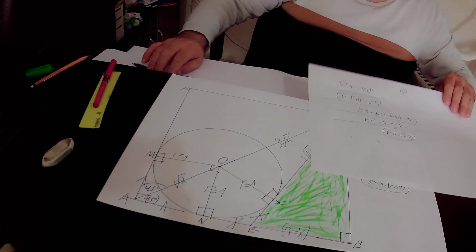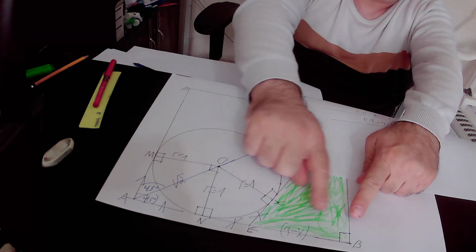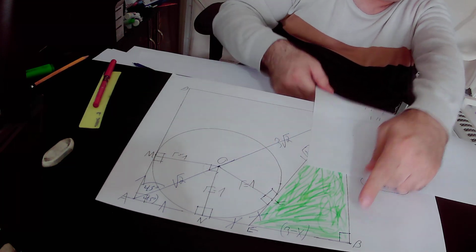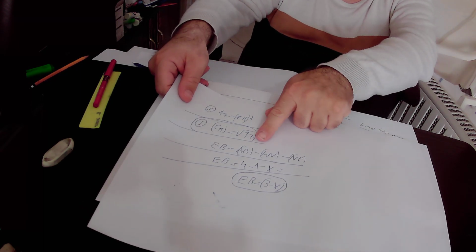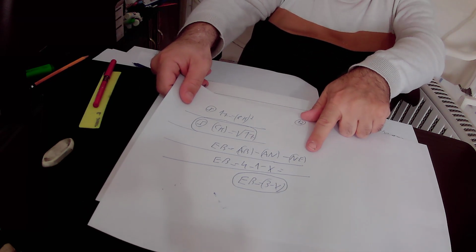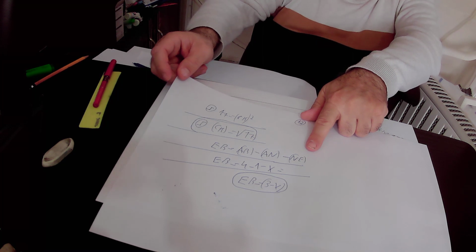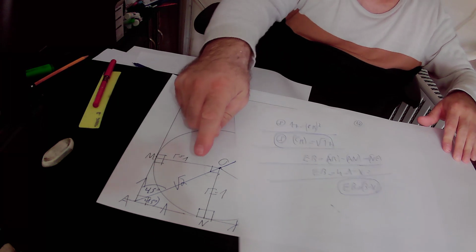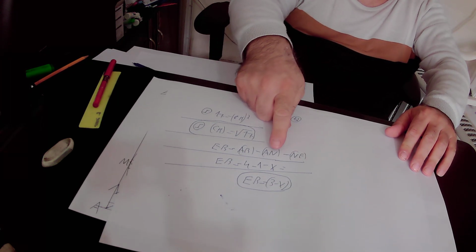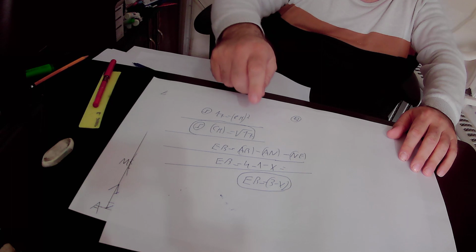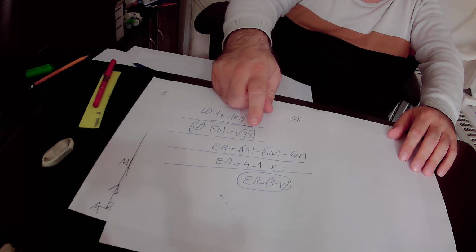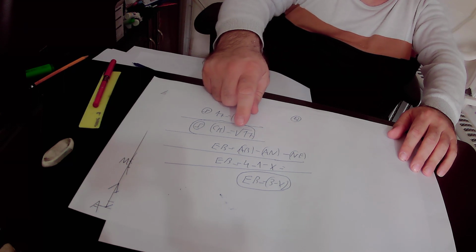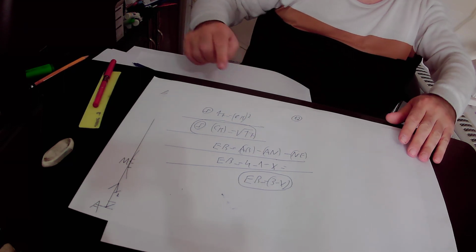From the drawing you can see that EB equals AB minus AN minus NE. So EB equals, AB is 4 units, NA is 1 unit, and NE is x according to our definition. So EB in conclusion equals 4 minus 1 minus x. 4 minus 1 is 3, so we got that EB equals 3 minus x.